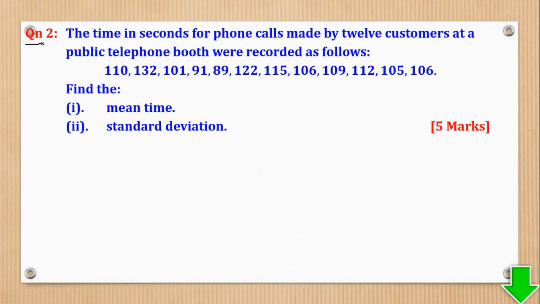That was question 1. Question 2 says the time in seconds for phone calls made by 12 customers at a public telephone booth were recorded as follows. Find (i) the mean time and (ii) the standard deviation.